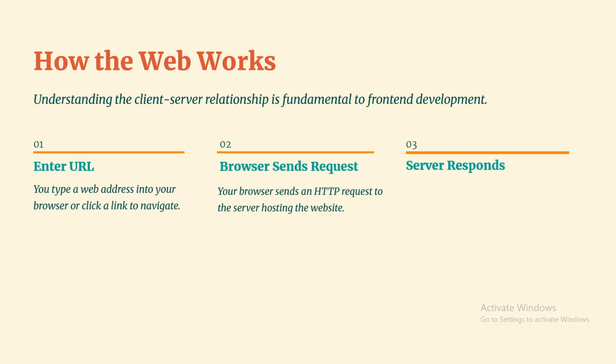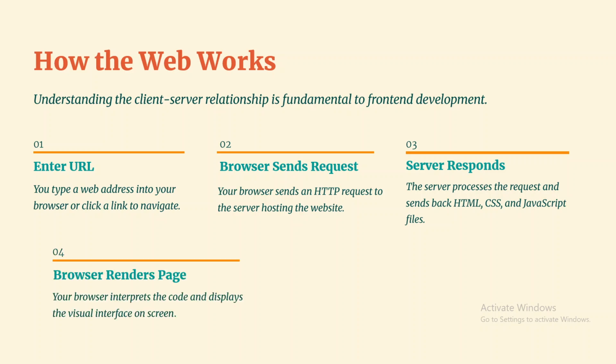The third step is the server responding to your request. The server sends back three types of files: HTML, CSS and JavaScript. The fourth step is that the browser renders the page. Here your browser reads the files and displays the page visually, so you see how it looks.